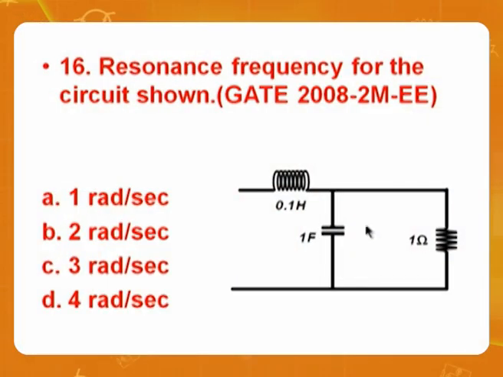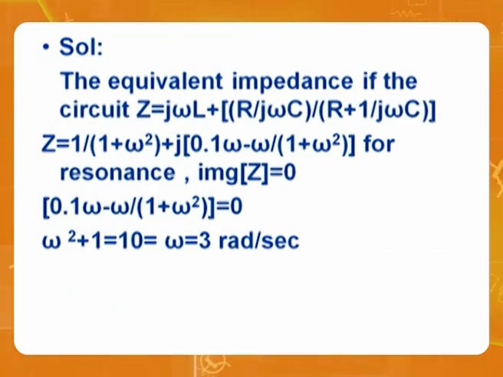For example, now calculate the impedance here. These two are in parallel, plus series with that. This is 1 ohm, 1 by j omega C means C is 1, j omega L, L is 0.1. So calculate that impedance. j omega L is serially added, R into 1 by j omega C over R plus 1 by j omega C. What do I do here?